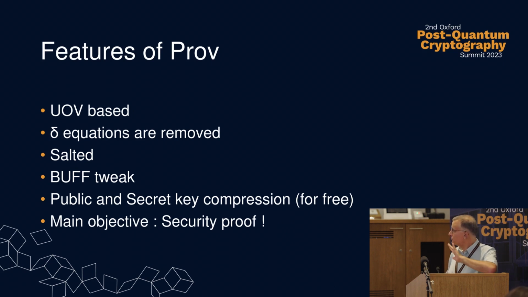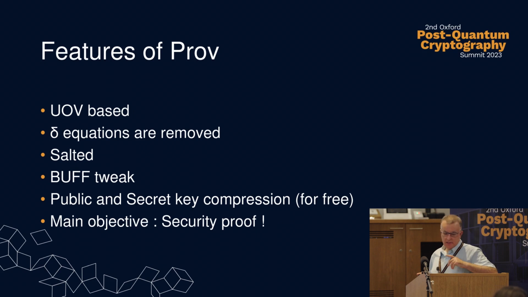So, in a very short description, PROV is just like UV, using F2 to the 8th as the base ring. So contrary to PROV, it's a binary field.